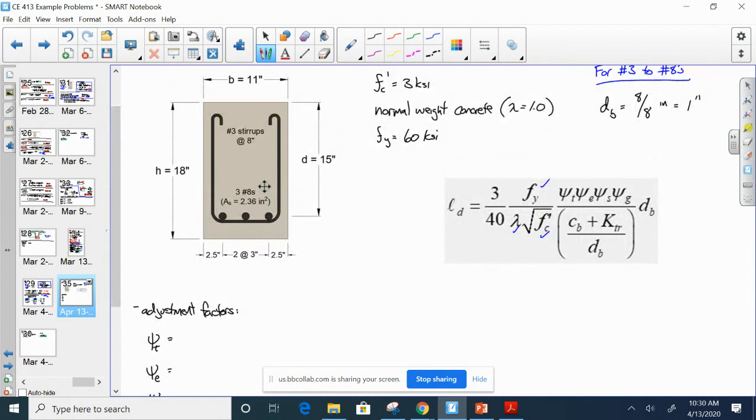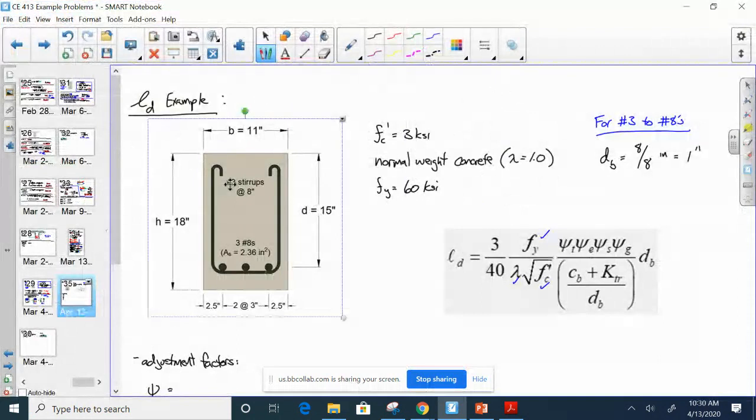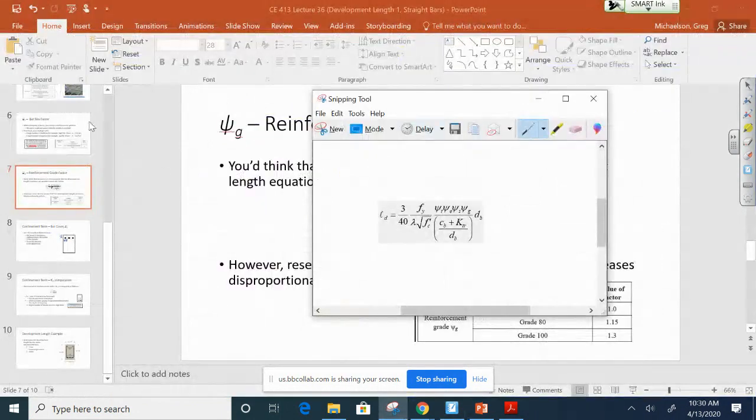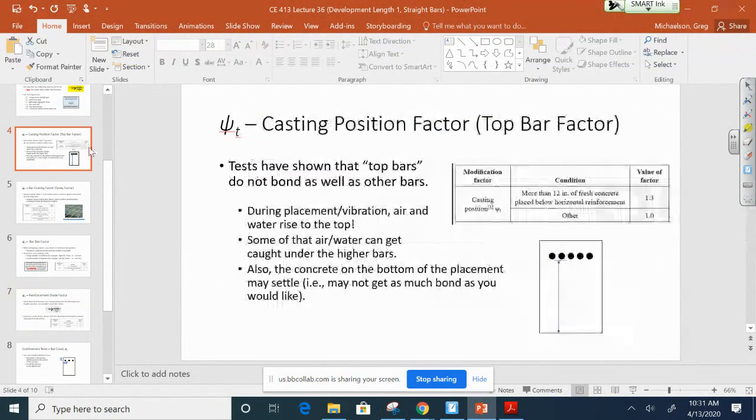Let's start off with psi G. Let's remember what the beam looks like. Let me see if I can copy and paste. Might be a little ugly, but might be easy to follow.